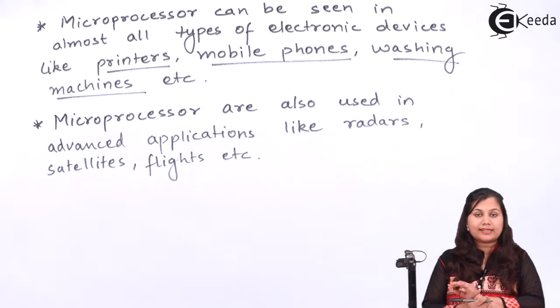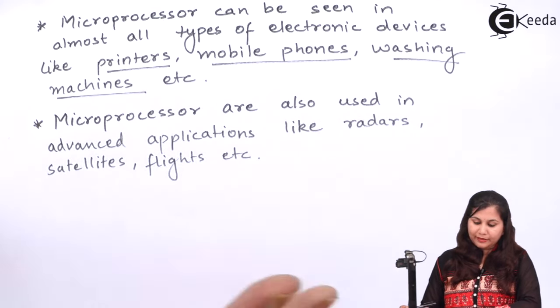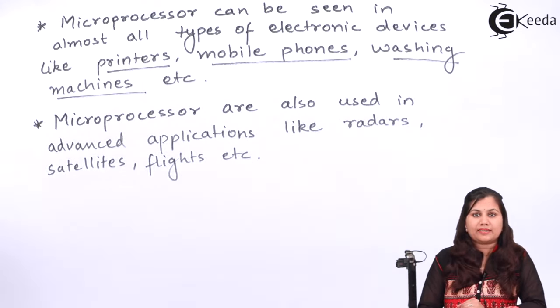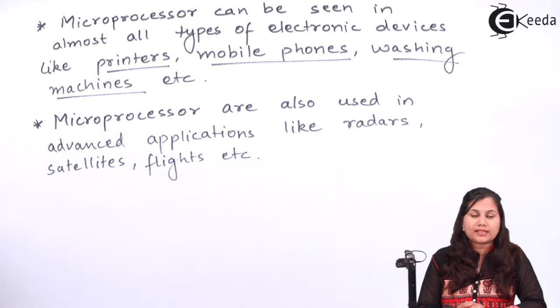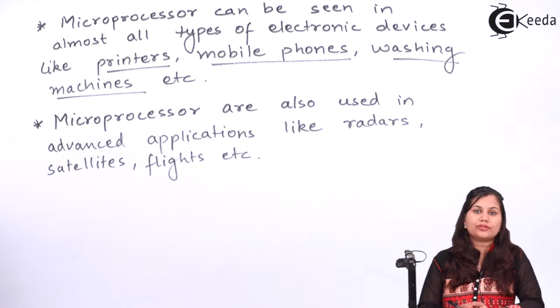Advanced applications of the microprocessor include radars and satellites. Because the size of the microprocessor is very small, there is a reduction in cost, and that is why its applications are increasing.